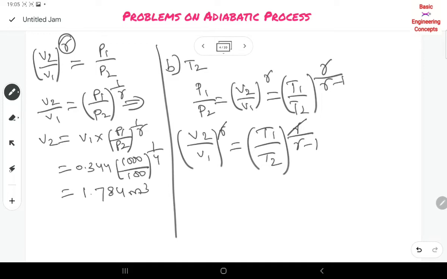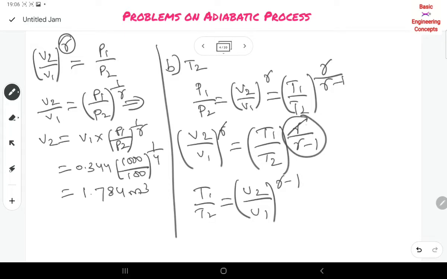Then T1 by T2 is equal to V2 by V1 to the power of gamma minus 1. Whenever the 1 by gamma is transferred to the other side, it becomes gamma, so there is no value of 1 left.